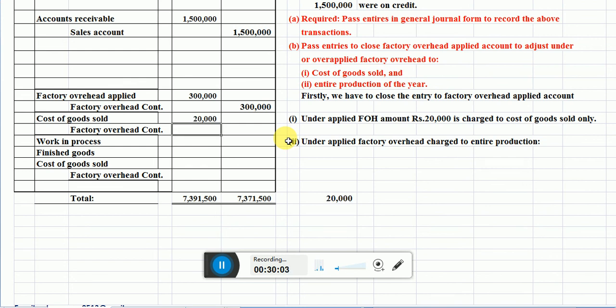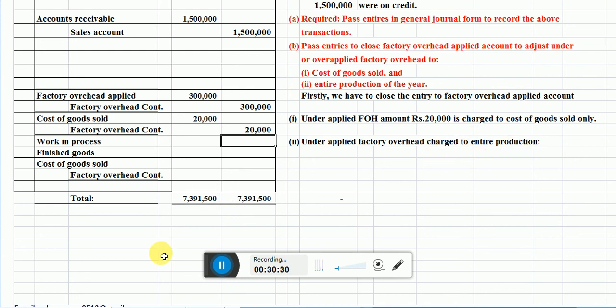The cost of goods sold is charged, and the factory overhead control is the credit form. 20,000 rupees is the credit form. Students, this is the entry where the underapplied factory overhead amount of rupees 20,000 is charged to cost of goods sold only. Now students, in the next requirement, underapplied factory overhead is charged to the entire production.